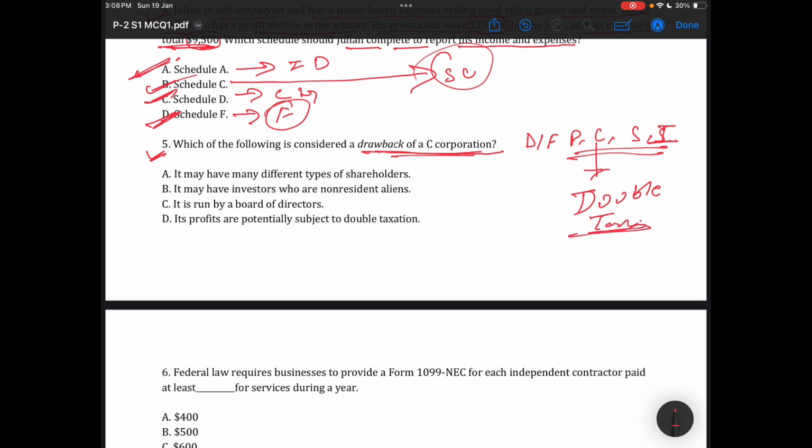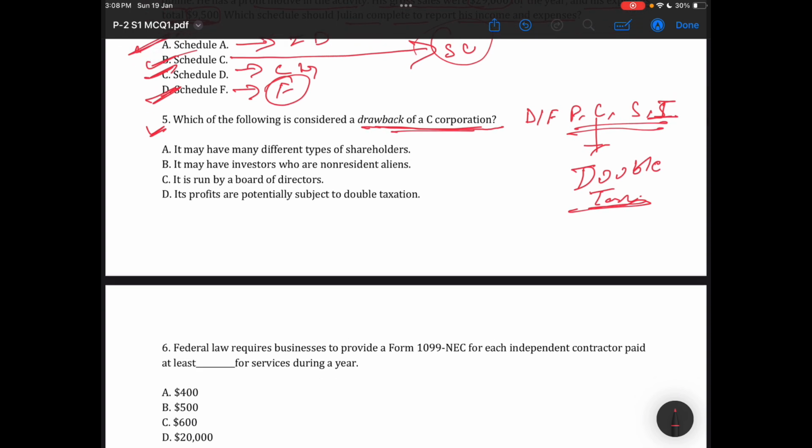So prima facie there is one big drawback for the C corporation. Let's jump to the MCQ. Option A, it may have many different types of shareholders. I think it cannot be. It may have investors who are non-resident aliens. No.